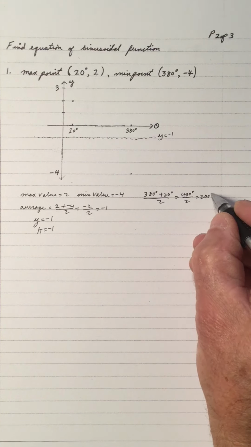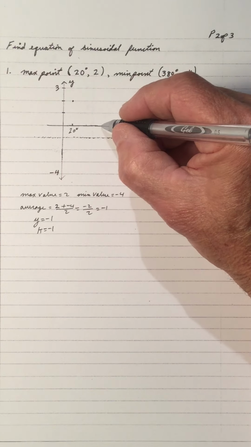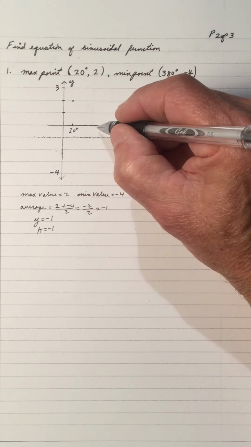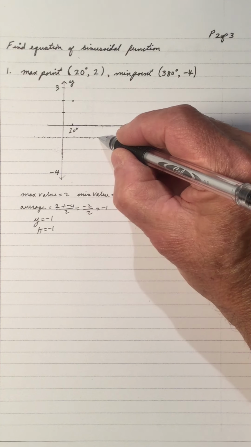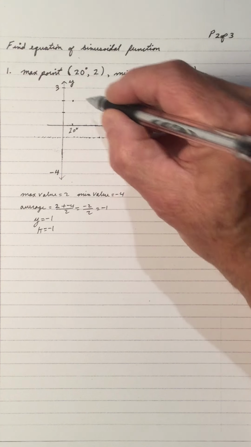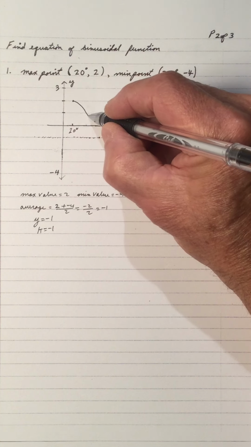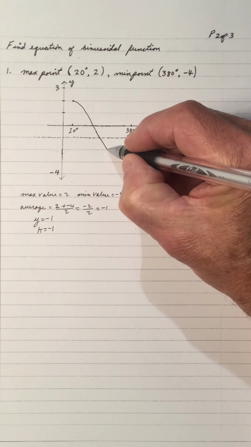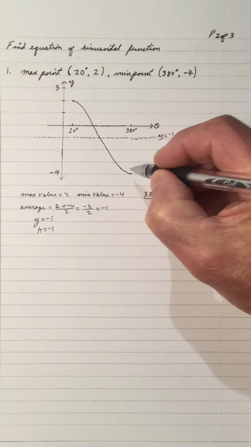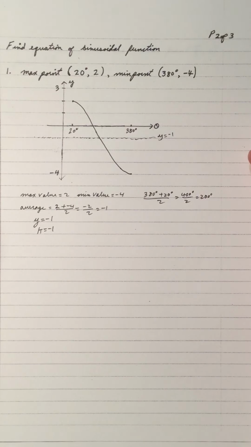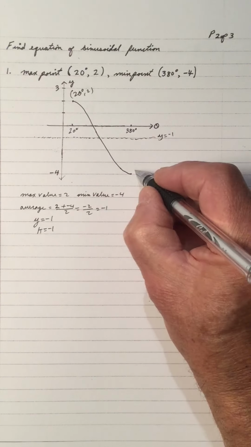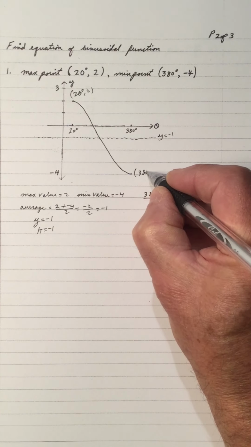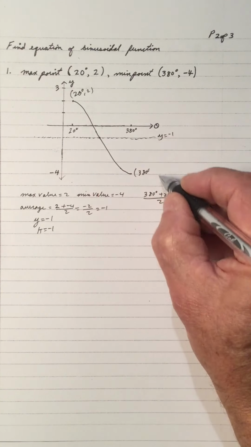So in the middle is 200 degrees and negative 1. So it comes down and goes to the middle. Let's mark this point, just to indicate that was the middle point there.